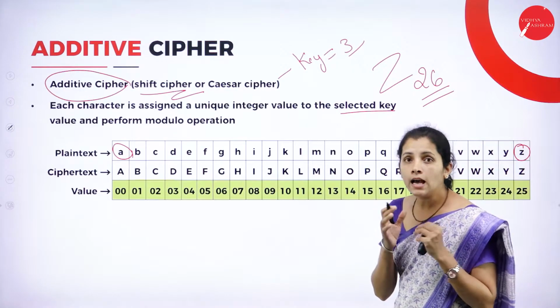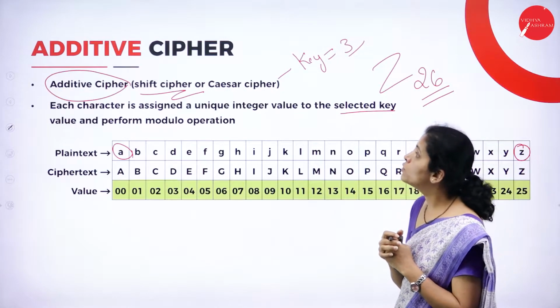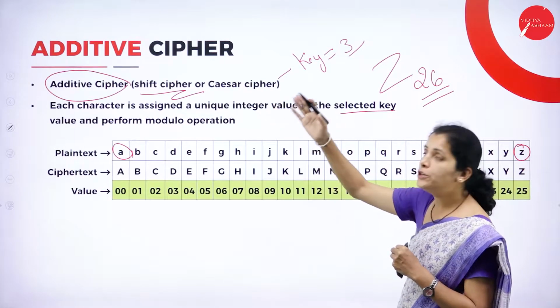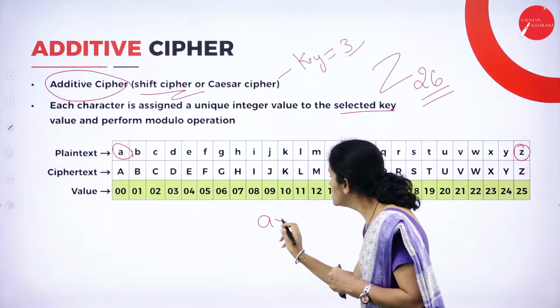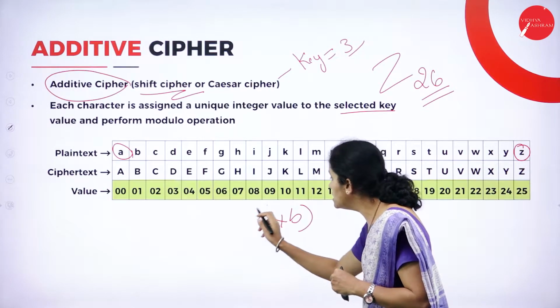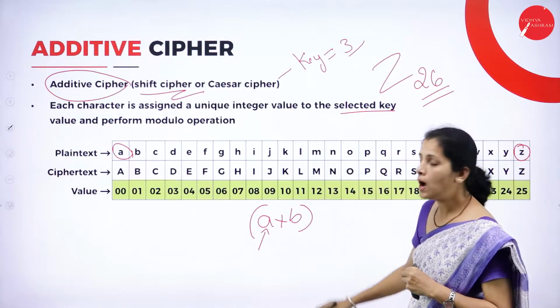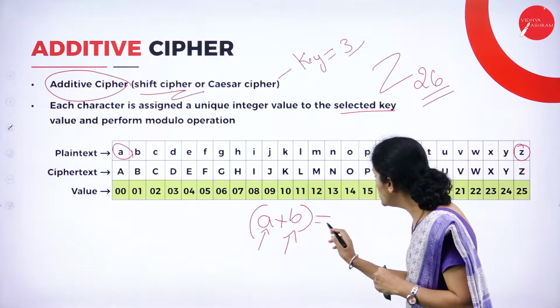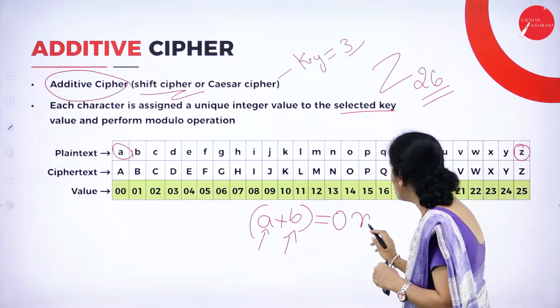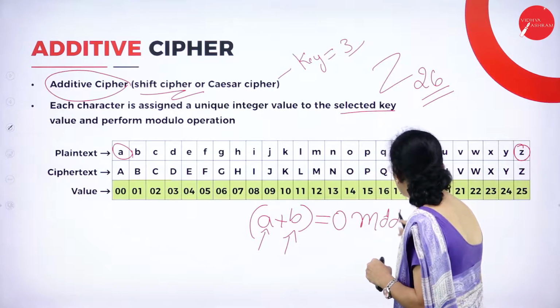Now, if I want to perform additive cipher, then my A plus B value, that is my plain text value as well as my ciphertext value, equals 0 mod n.